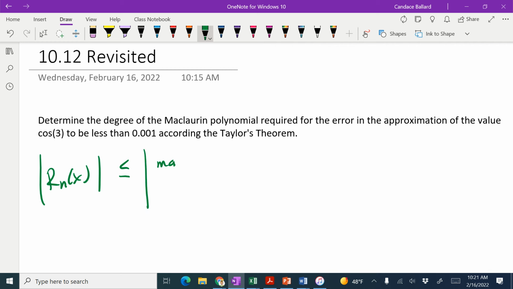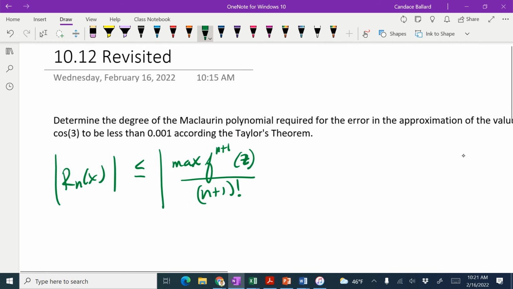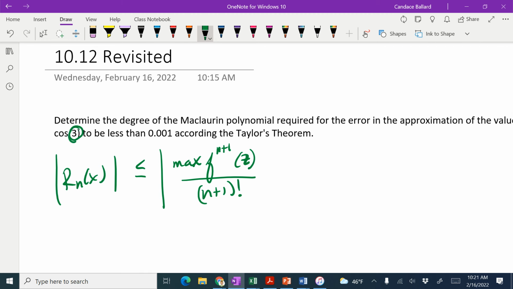the maximum value of the next term, right? The n plus 1th term, evaluated at some value z, which is the biggest value of it, over n plus 1 factorial. And then in this specific case, our x value that we're substituting in is 3.